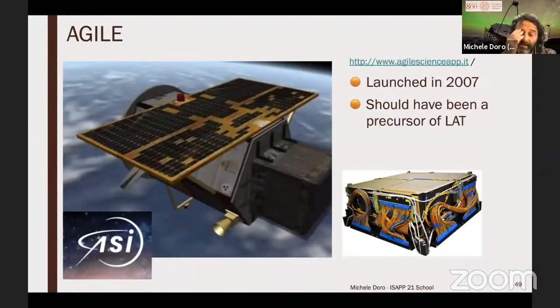So Fermi is not alone. There is AGILE that also won the Rossi Prize. It's a much smaller detector here. It's from the Italian Space Agency, and it should have been a precursor of LAT, but for some reason it was launched very late, so very close to Fermi, and so it cannot truly compete in terms of performance because of different dimension, but it's also a very successful example of an instrument.